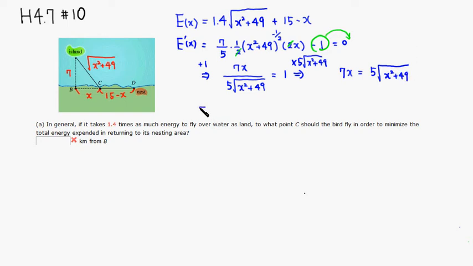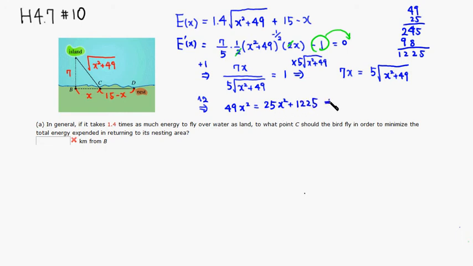Then I'm going to square both sides. We get 49x squared is equal to 25 times x squared plus 49, and 25 times 49 is 1,225.